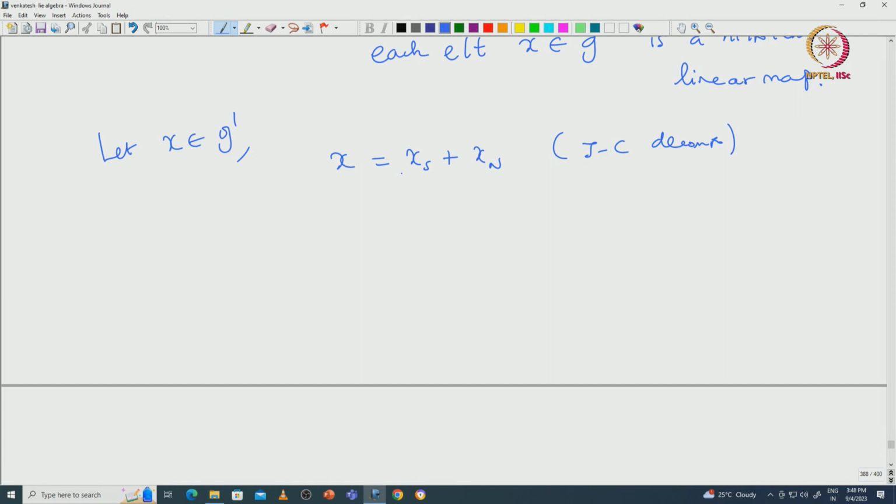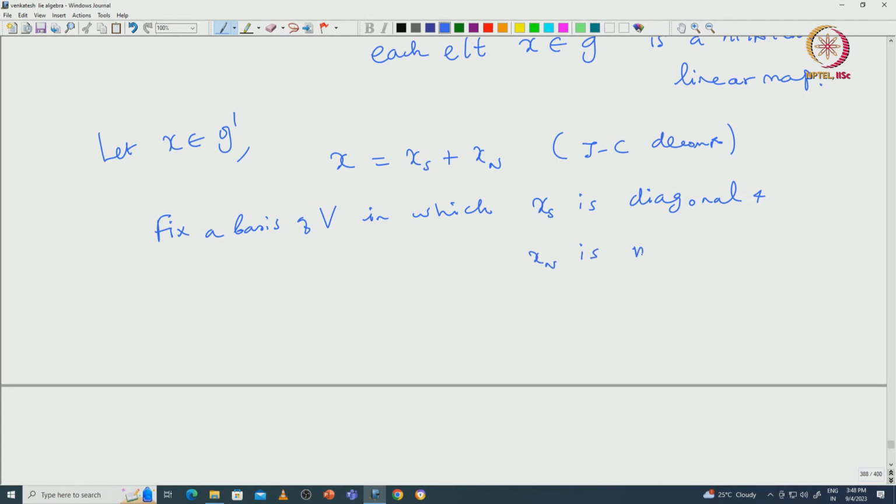And since xs is diagonalizable and xn is nilpotent, we will be able to fix a basis of capital V with respect to which xs is diagonal and xn is nilpotent.